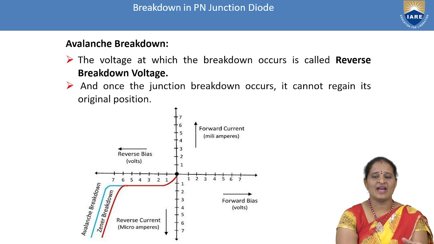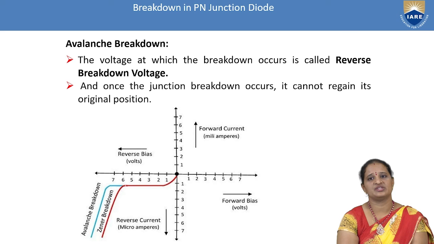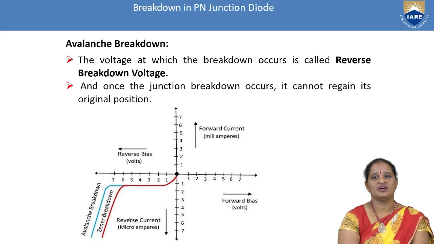That means in heavily doped diodes, the breakdown occurs for a smaller increase in the applied reverse voltage. So these are the reverse characteristic curves, in which we can observe the avalanche breakdown and Zener breakdown.